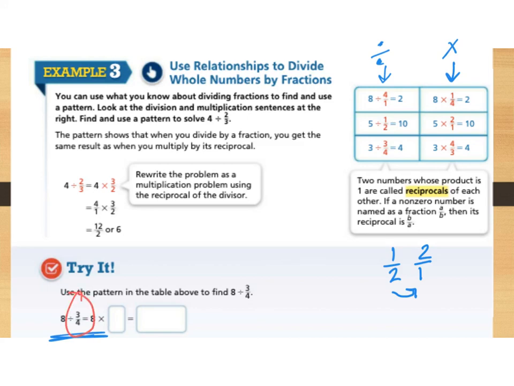We are going to flip over the second fraction, and then we are going to multiply just like we multiply any regular fraction. 8 times 4, 32. 3 times 1, 3. We are going to leave this an improper fraction.